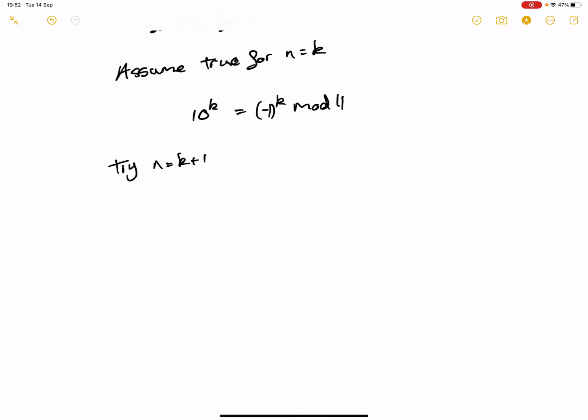Right, so 10 to the k plus 1 is equal to 10 to the k times 10 to the 1, because the indices add if you multiply the two numbers.